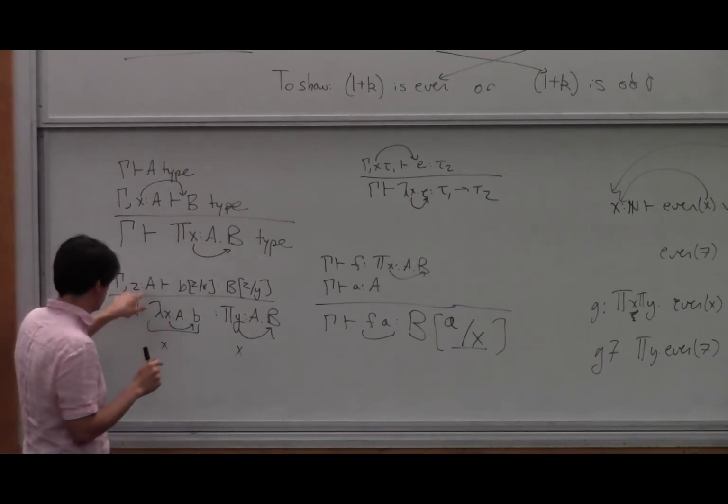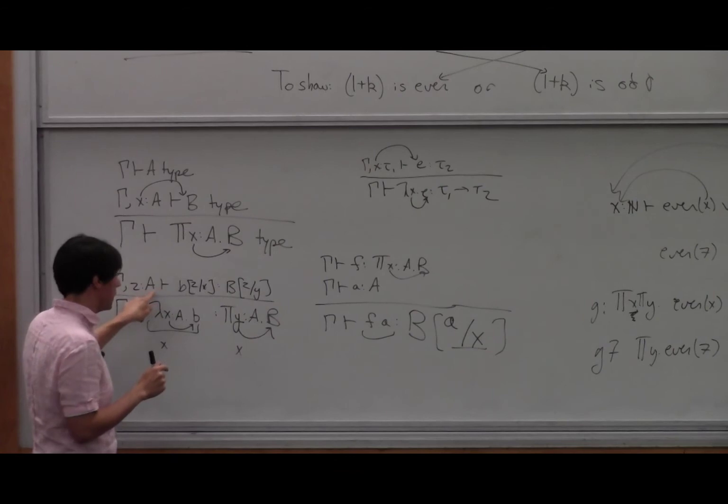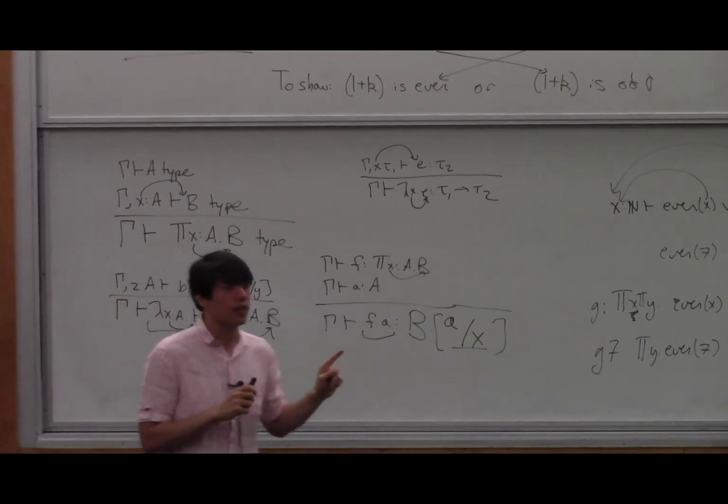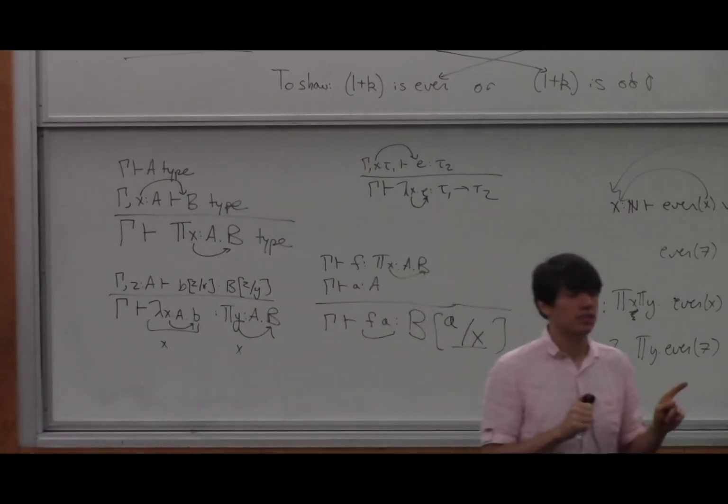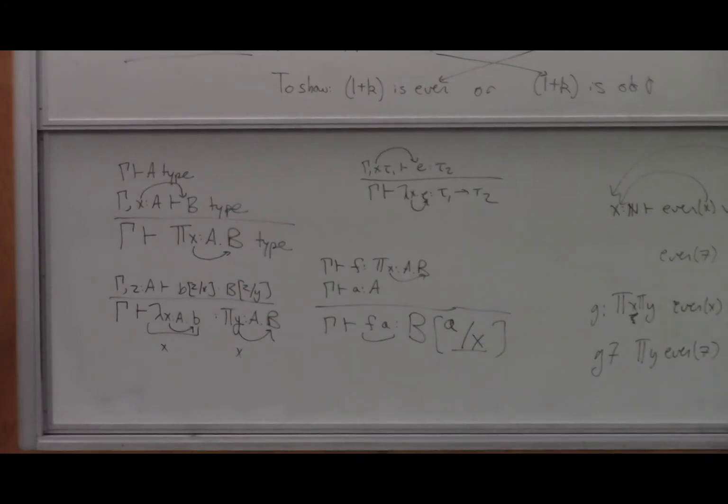Well, this is a variable standing for an A, not a variable standing for a type anymore. No, it's a term variable. It's just like the normal lambda variable, right? It stands for a value or something.